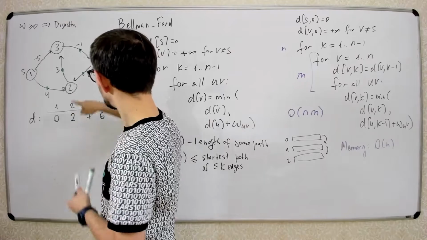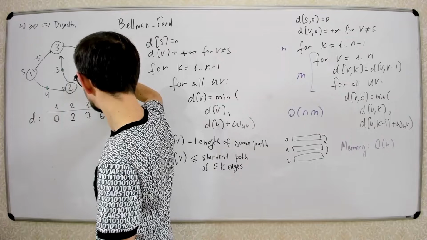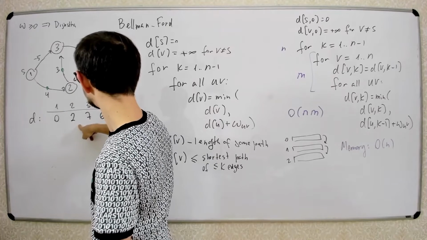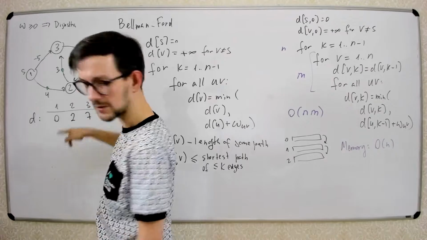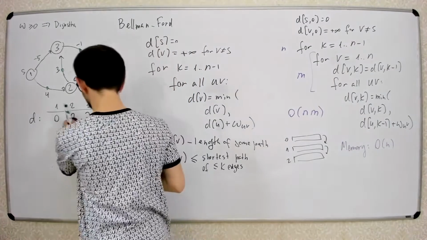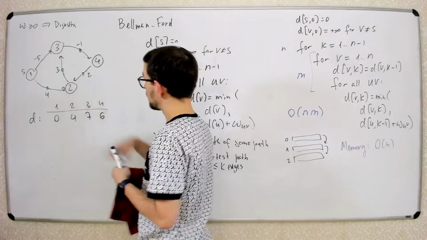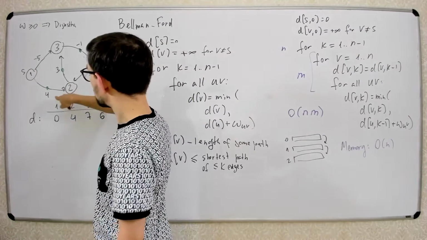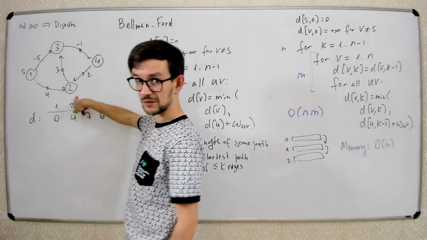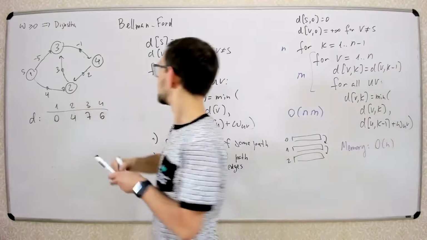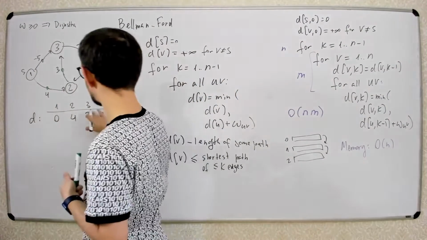So here it will be the minimum of... why is it 2? It must be 4, right? Now I apply this edge, so the distance to here will be the minimum of 4 and 6 plus 2, 8. So the distance is still 4. And now we apply this edge, so the distance to 3 will be updated to minus 5.